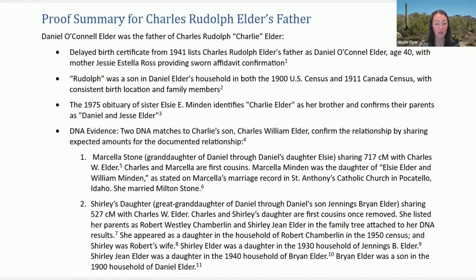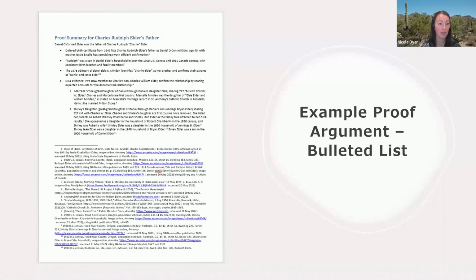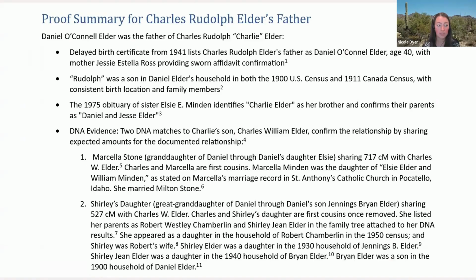And this page could be incorporated into a larger work like a kinship determination project for certification that shows 3 generations, or into an ICAP Gen report if you're submitting to be an accredited genealogist, or if you're just wanting to create a document to share with family that shows several generations that are all linked through documentary and DNA evidence. So that's just an example of a proof summary.